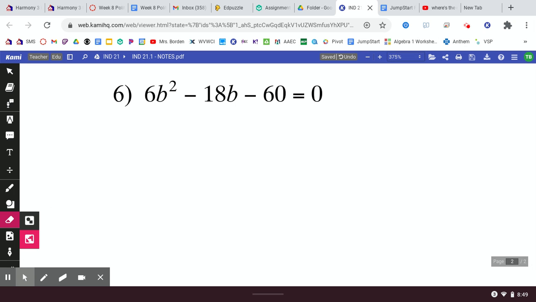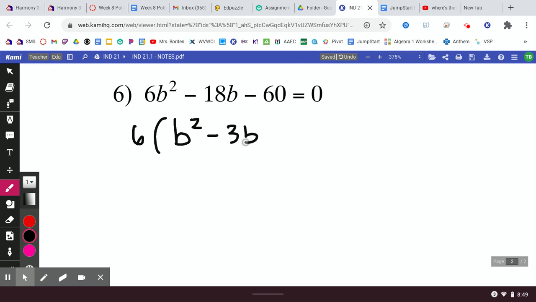But what can I factor out of here? If I factor out a 6, look how easy this turns into. I factored out a 6, and I'm left with a nice, simple 1 in front. If I factor out that 6, I'm left with one of the basic quadratics that doesn't even require factor by grouping. I find my winning factors, and I go right to the answer.